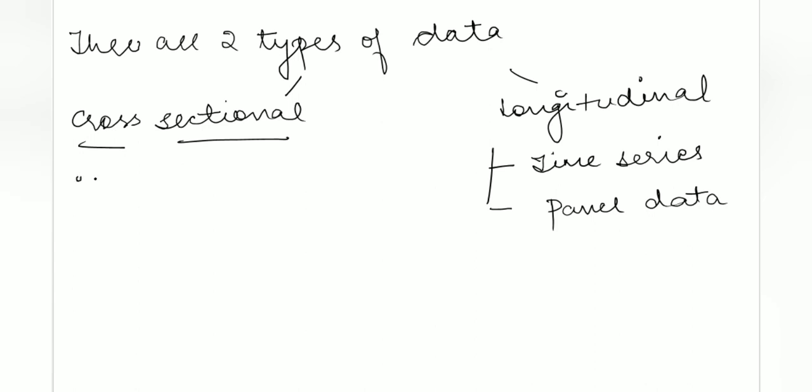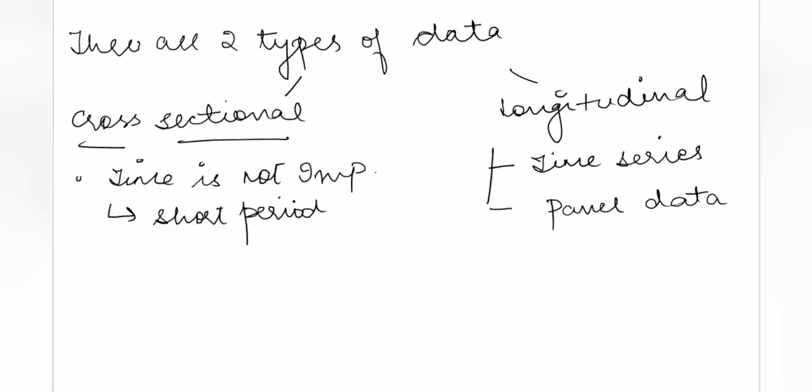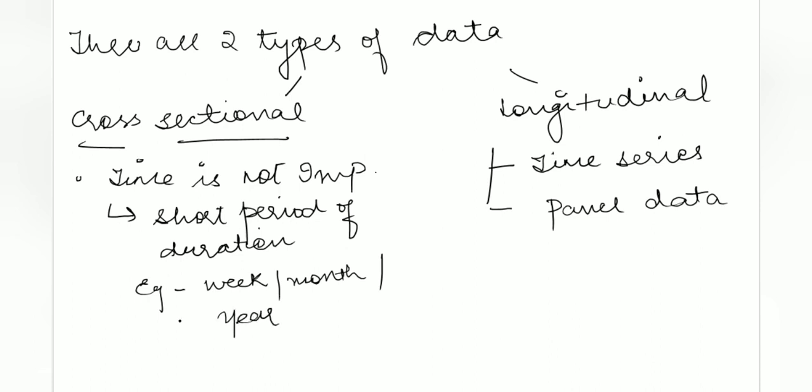What is cross-sectional data? Here, the time is not important. Why? Because it occurs for a short period of duration, be it a week or month or a year.